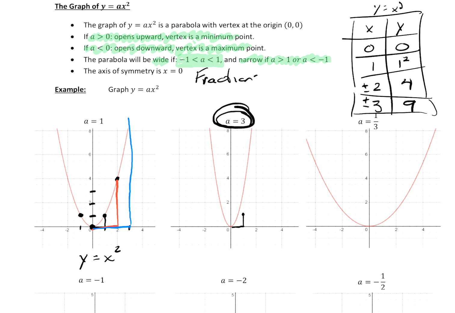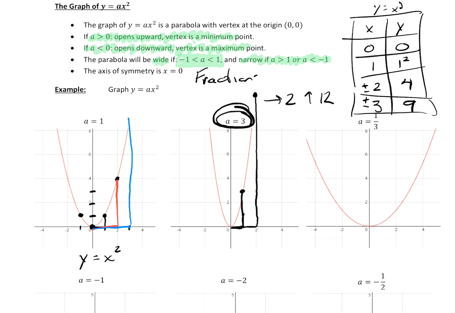So instead of over 1, up 1, it's over 1, up 3. Boom. And then instead of over 2, up 4, it's now over 2, up 4 times 3, 12. And you see, I'm not even on the grid. 12 is way up here. It's way skinnier because it goes up way faster, right?